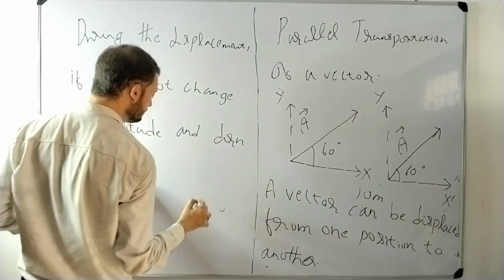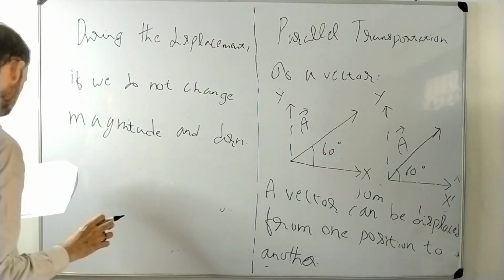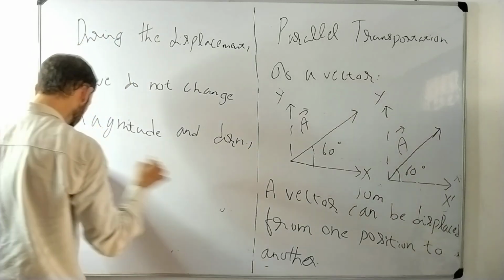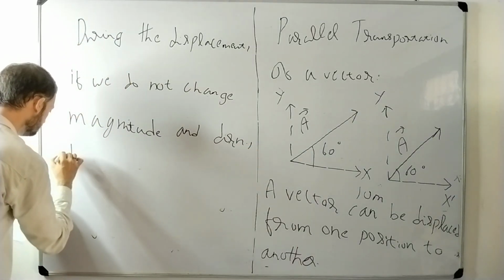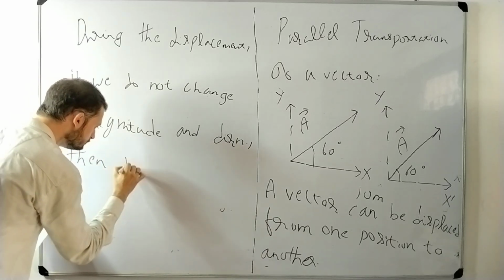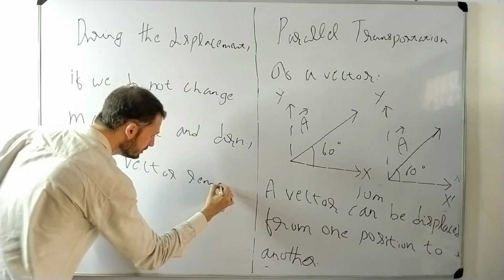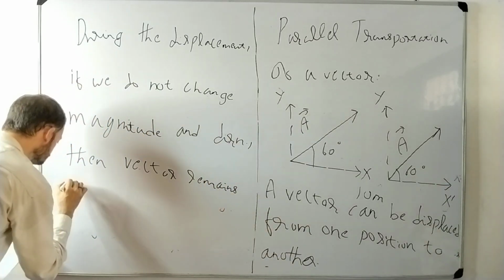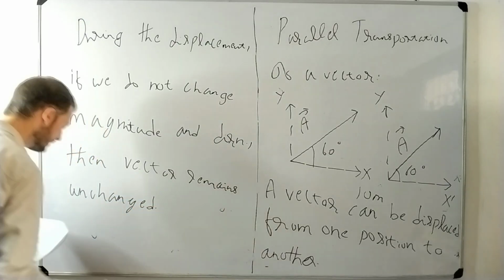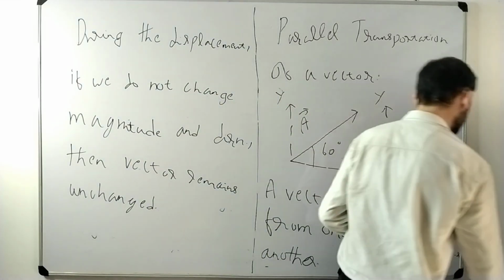If the direction is changed, then the resultant will not remain the same. Then the vector remains unchanged. Right, students? Next part, angle between two vectors.